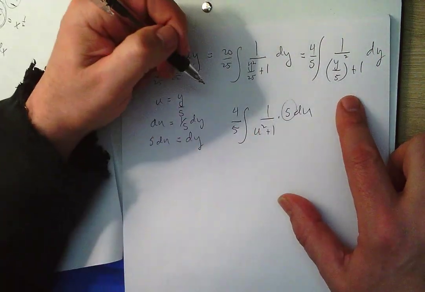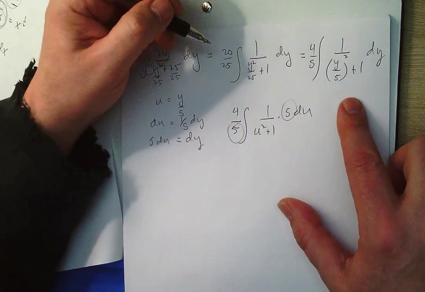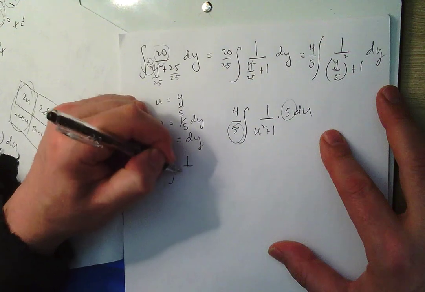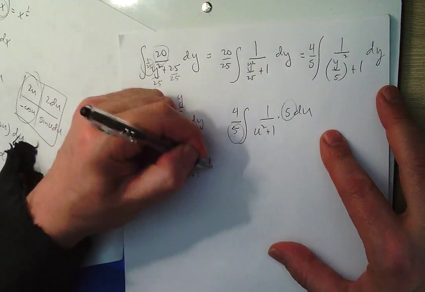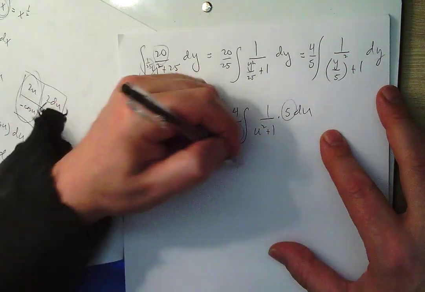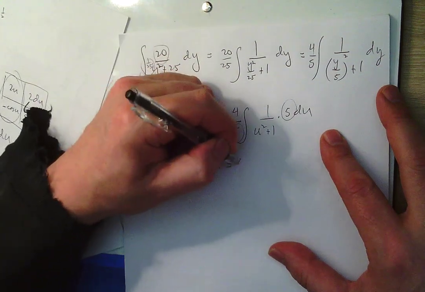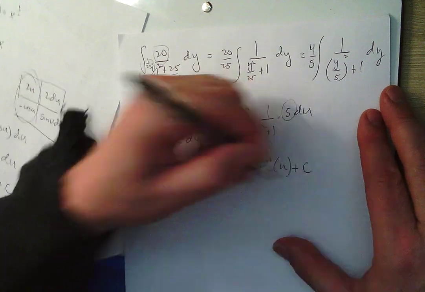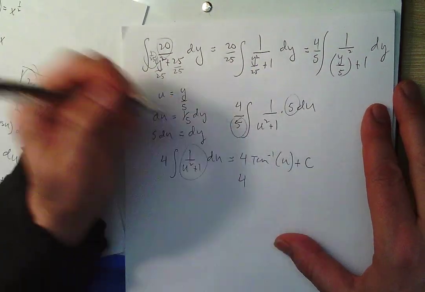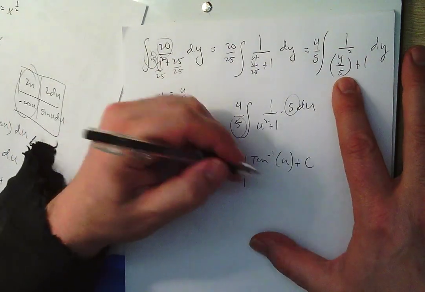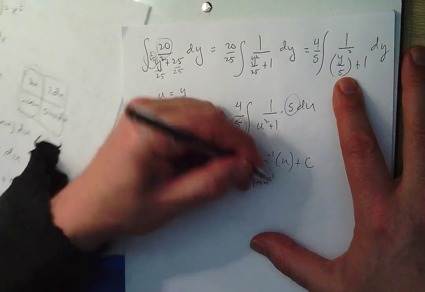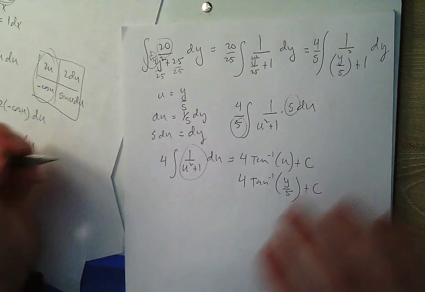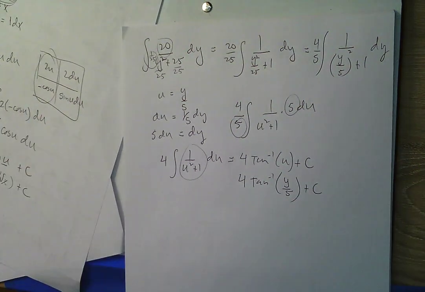Well, let's pull that 5 out, and then it can cancel with this 5. And so we're going to be looking at 4 times the integral 1 over u squared plus 1 du. Well, that's inverse tangent. 4 tangent inverse of u plus c. And our u, remember, was y over 5. So 4 tangent inverse y over 5 plus c is my answer here.